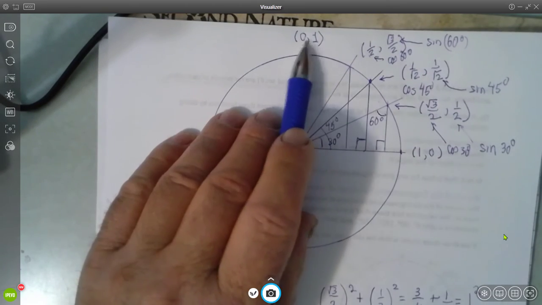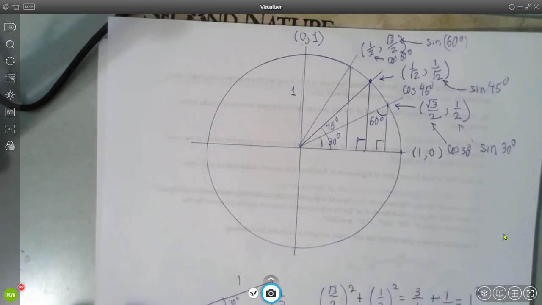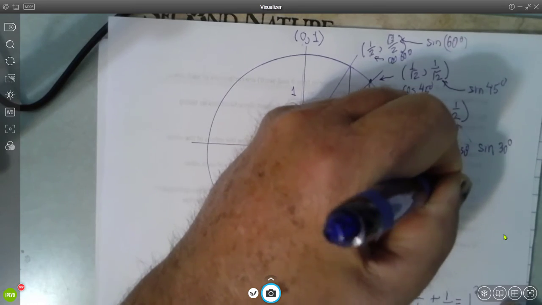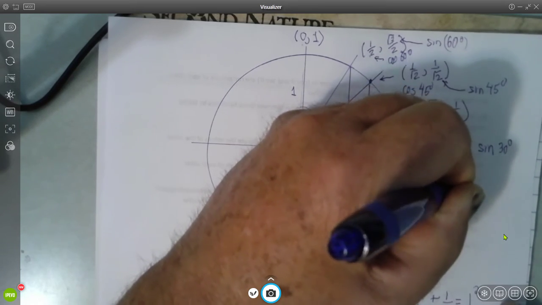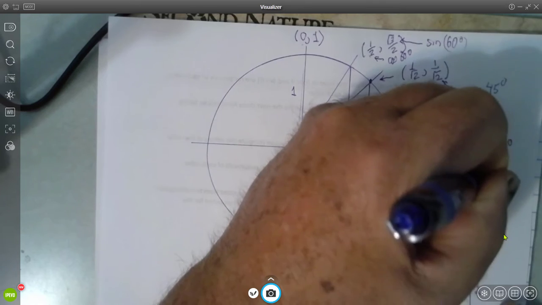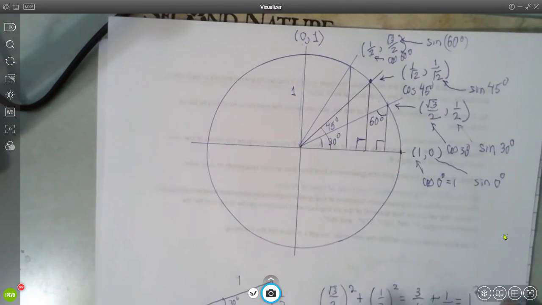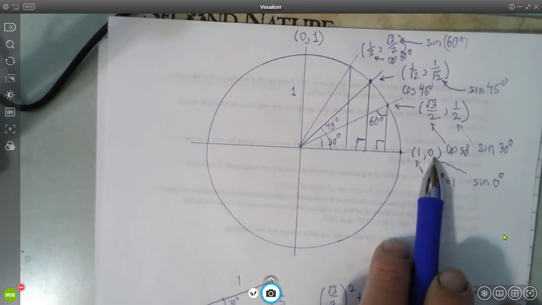Now, one other thing you might notice is we can infer that this is the point (1, 0) and this is the point (0, 1) just from basic geometry. So it must be that the cosine of 0 degrees is equal to 1, and the sine of 0 degrees is equal to 0.